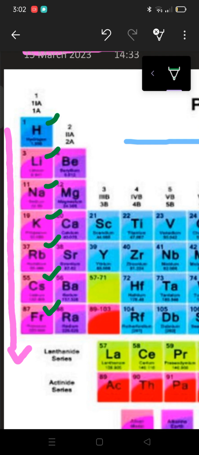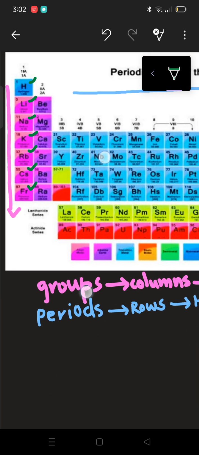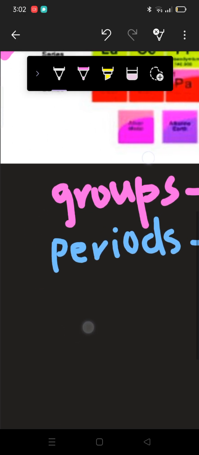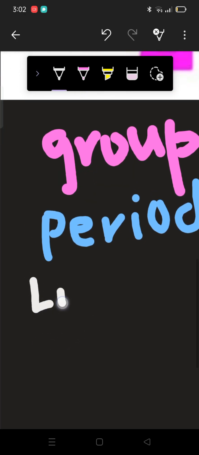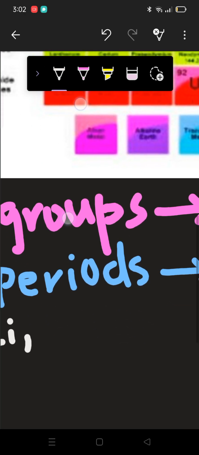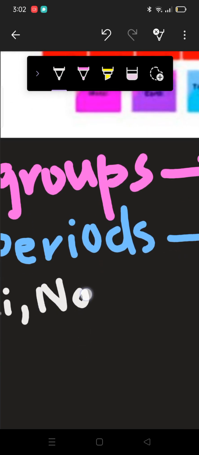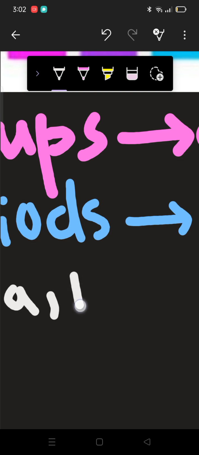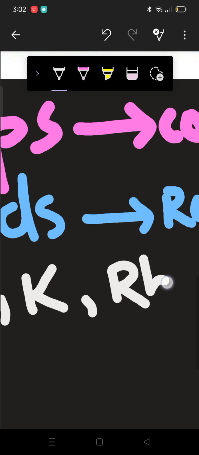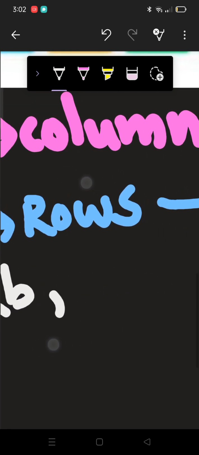And what's the characteristic of the first group? Except for hydrogen, these are all alkali metals. Let me write here with another color, white. We have lithium, sodium, which is represented by Na, then potassium, represented by K, then rubidium, represented by Rb, capital R and small b, then cesium, represented by capital C and small s.